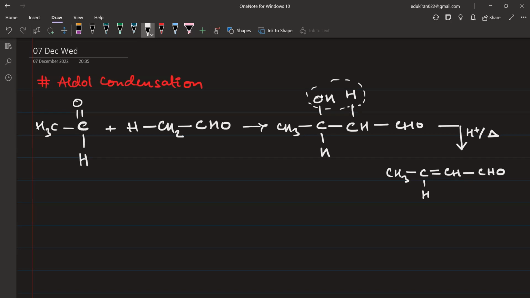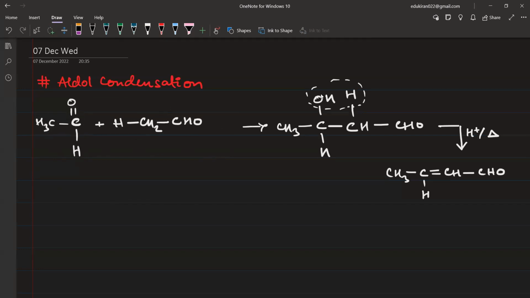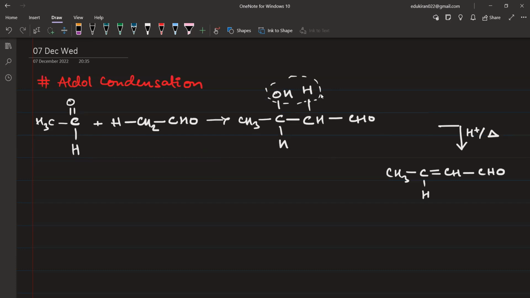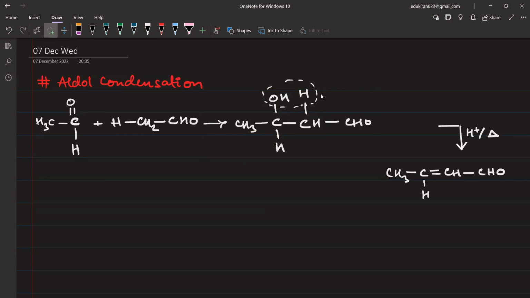Now, please see this molecule that we have formed. This is the alpha carbon and this is the beta carbon.